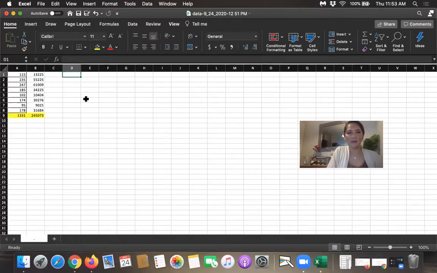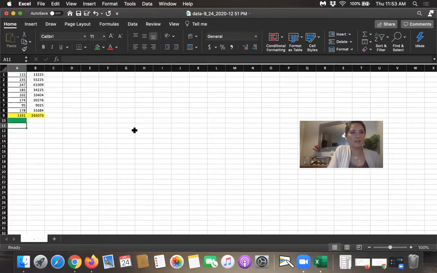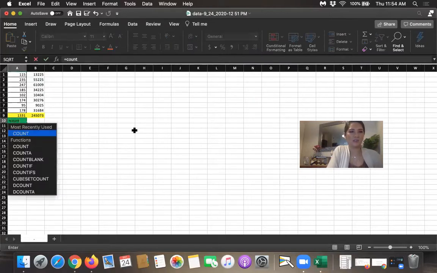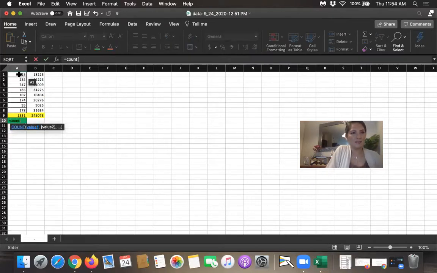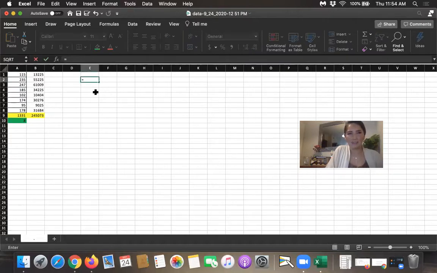And then remember how we calculate that sample standard deviation. It was n, and I will put that in a cell down here. And that's the sample size, so I can say equals count these. Now we already know that n equals 8, but it will count those for us if we use this count function in Excel. And now we say, okay, how do I find the sample standard deviation?